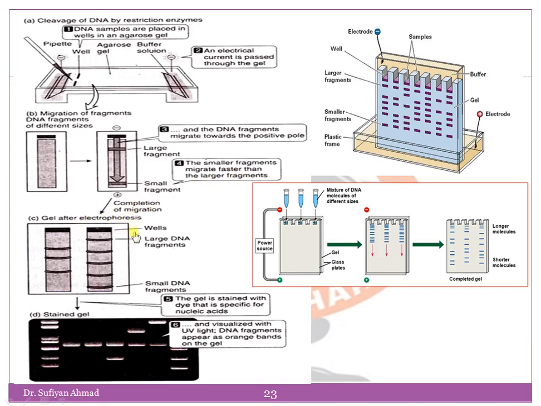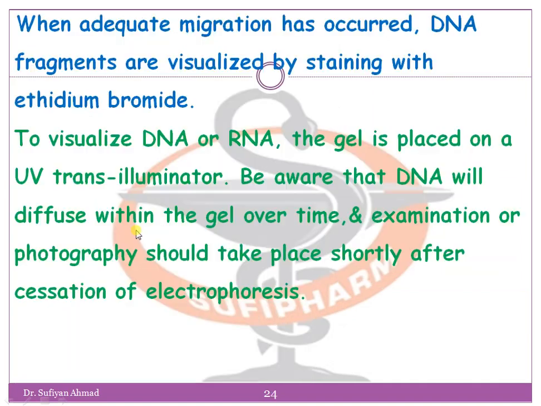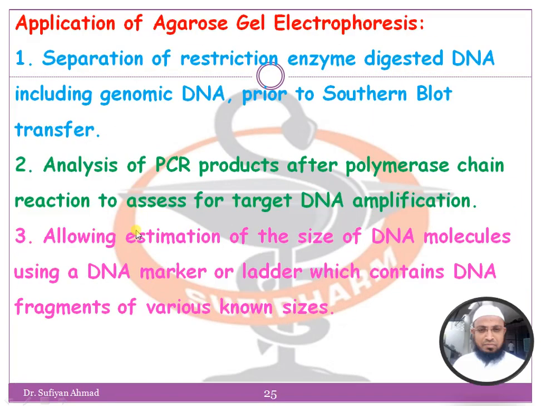So, different applications of agarose gel electrophoresis: the separation of restriction enzyme digested DNA, including genomic DNA, prior to Southern blot transfer, and it is often used for separating RNA prior to Northern transfer.